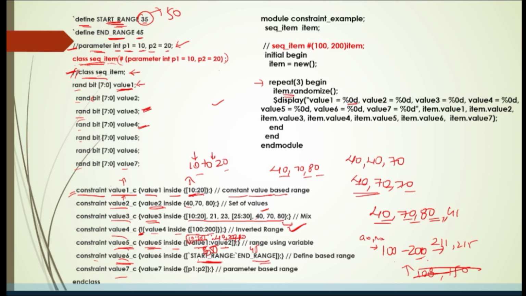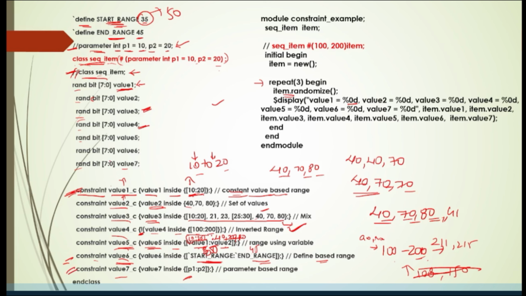So it should be within this start range and end range, similar to the constants, but it is define based. Okay, and now coming to the parameter inside. When you come to the parameter, here p1 and p2, what are the p1 and p2 values? 10 and 20. So basically, if you see here, constant, parameter, and start range and end range are all the same.